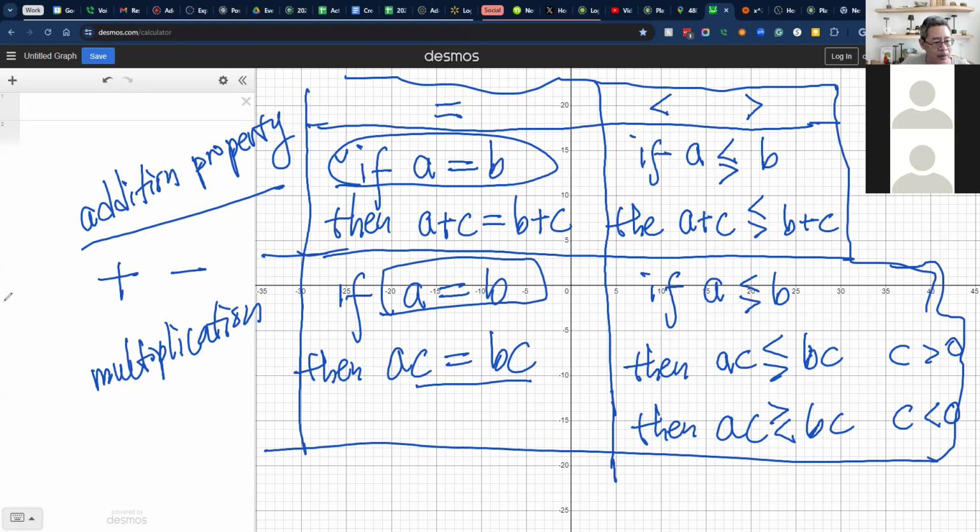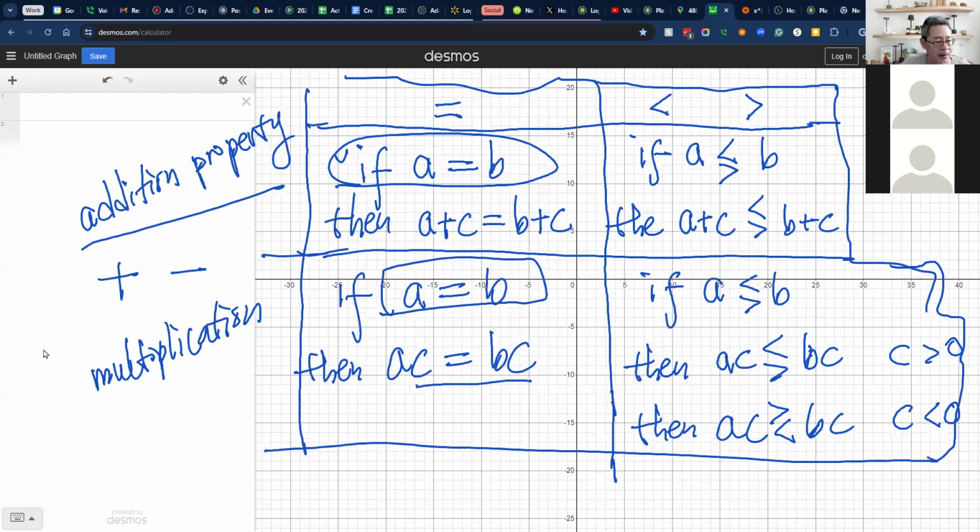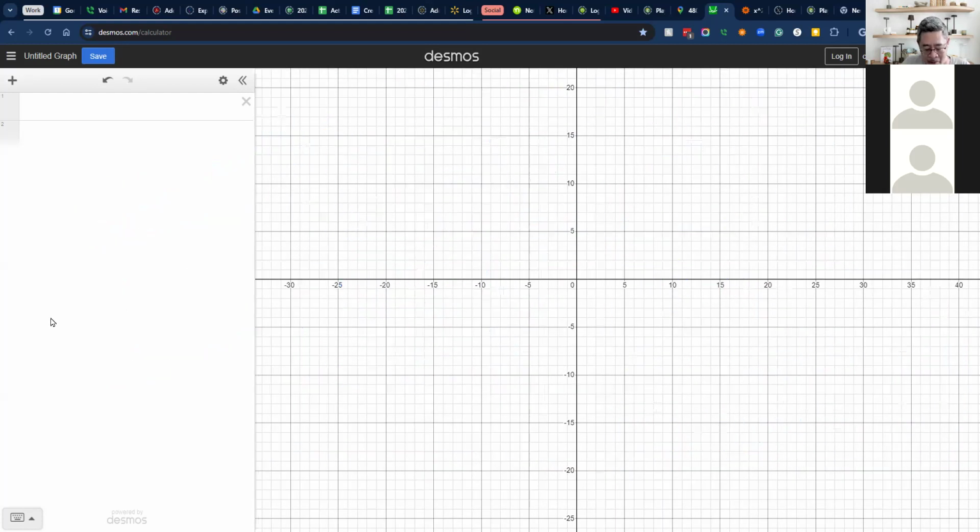So now we're going to look at linear equations. When we're doing linear equations, it's something like this: 3x plus 5 equal to 9, or it could be as simple as 2x equal to 4.